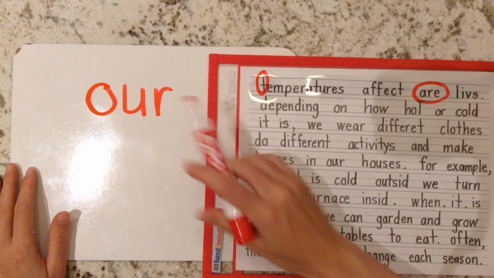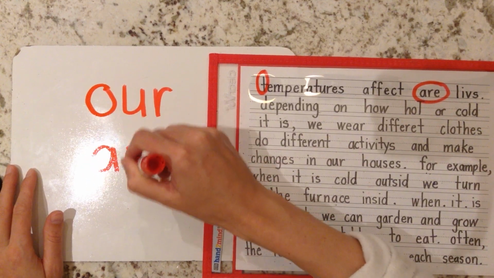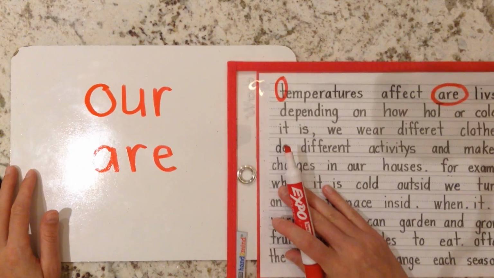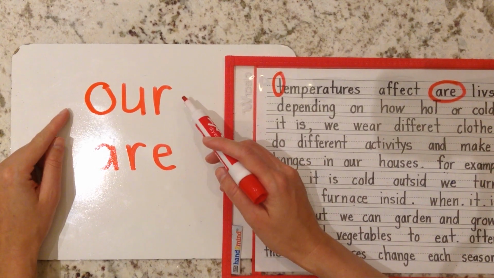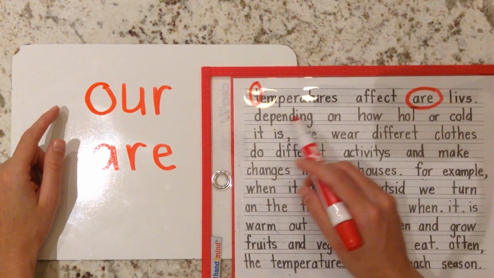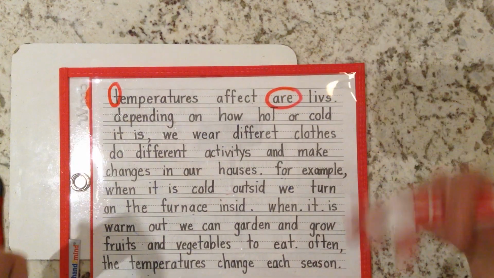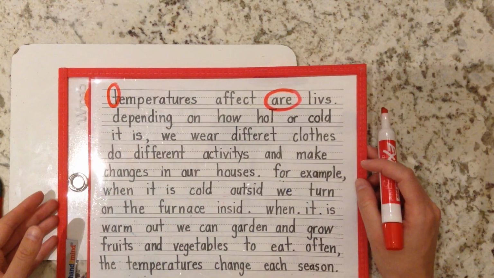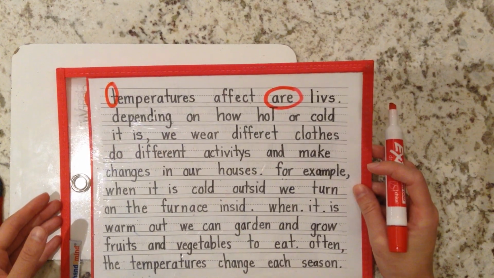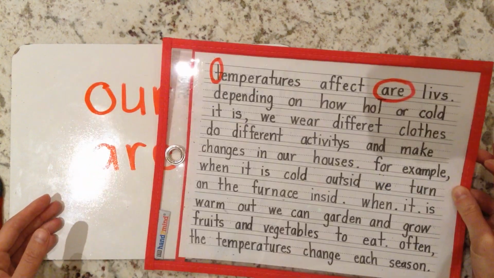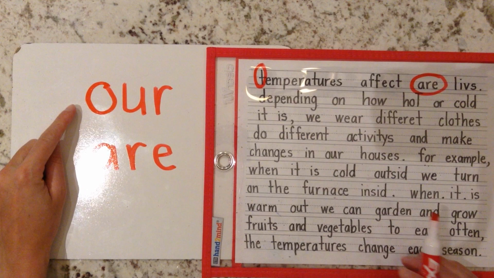There are 2 ways to spell are. The proper way to say are is our in this sentence. Temperatures affect our lives. That is, the lives belong to us. But sometimes when we speak, we pronounce it as are instead of our, which makes it a bit confusing.